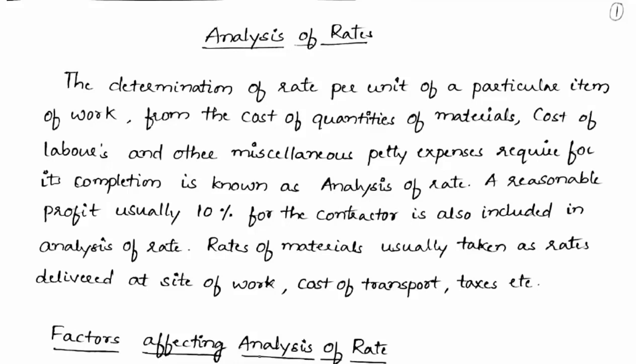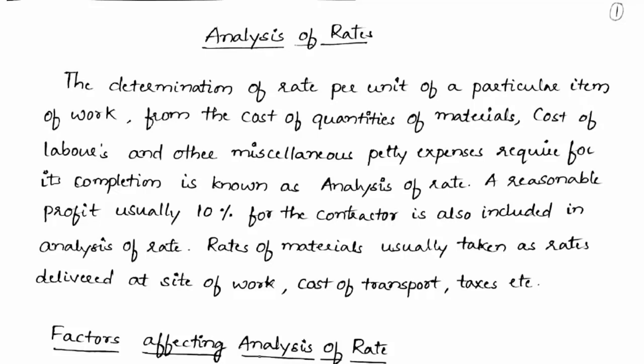To prepare a rate analysis, for example if you are concreting or casting a slab, you should know how the work is done and what all materials are required. For example, for concrete, I require cement, sand, aggregate, and water. Similarly, for any item of work, you should know how that work is done and what different materials are used. Based on that, you can prepare the rate analysis.